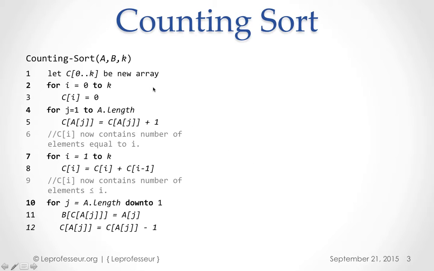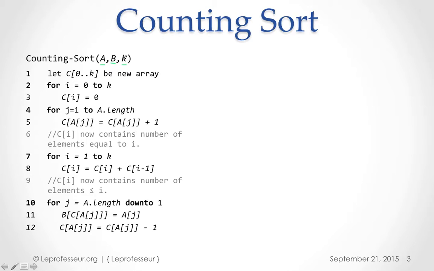Now let's see how we can do that. This is a simple algorithm. It takes the input A, your original unsorted array, B is your sorted array, and K is the information that these are integers.